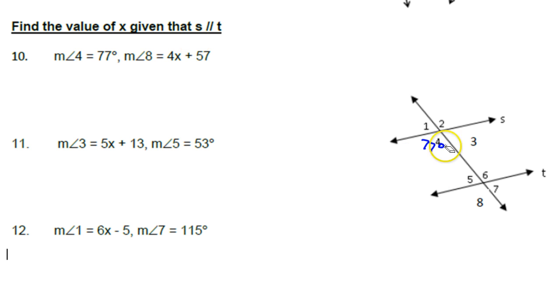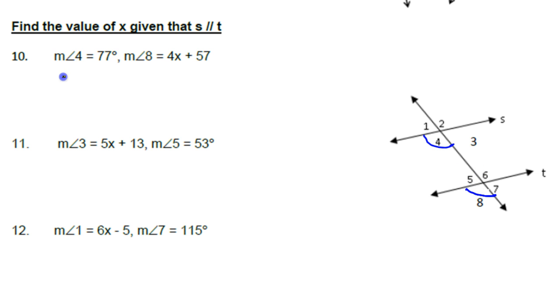Let me not clutter up this picture. We're dealing with angle 4 and angle 8. These are corresponding angles. They're both on the lower left side. If you have parallel lines cut by a transversal, corresponding angles are congruent. So the measure of angle 4 and the measure of angle 8 are equal.